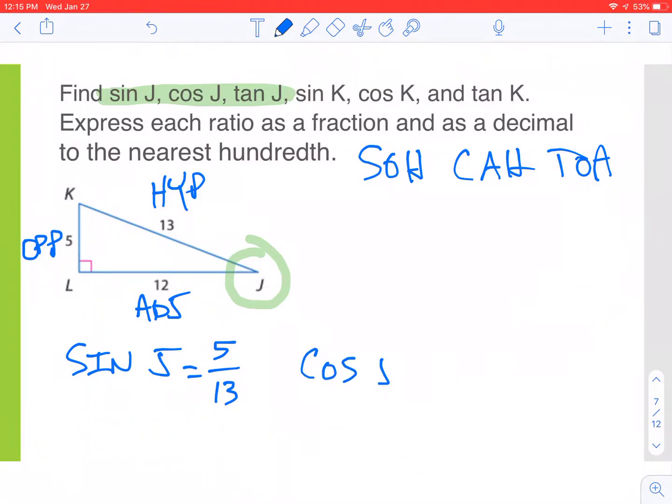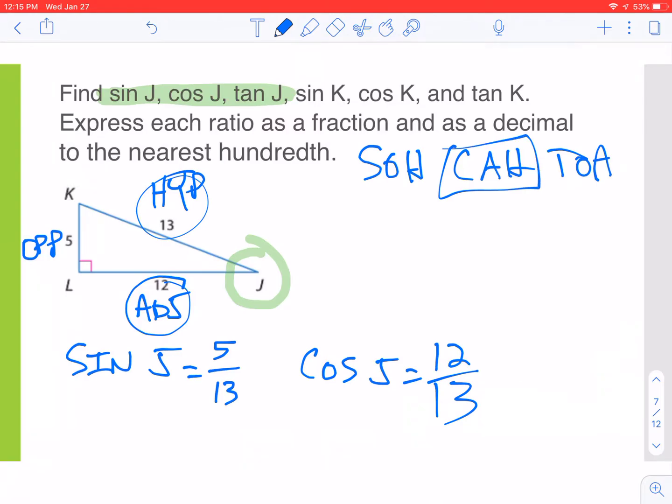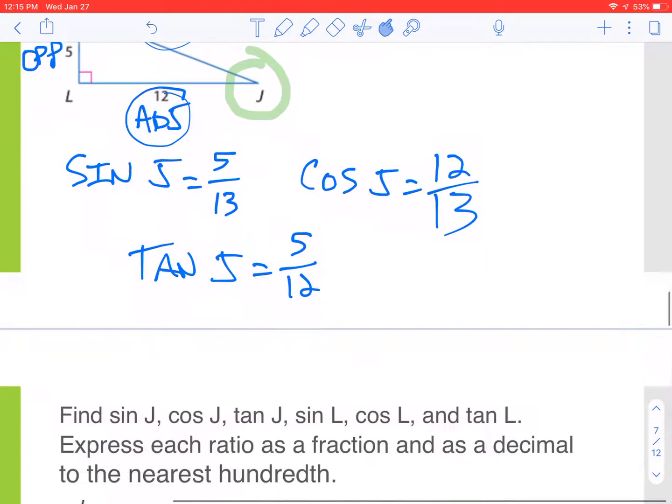Then cosine of J is adjacent 12 over hypotenuse 13. So that's the adjacent over hypotenuse. Tangent of J equals the opposite, which is 5, divided by the adjacent, which is 12. And so that is how you label your sides and find how they fit together.